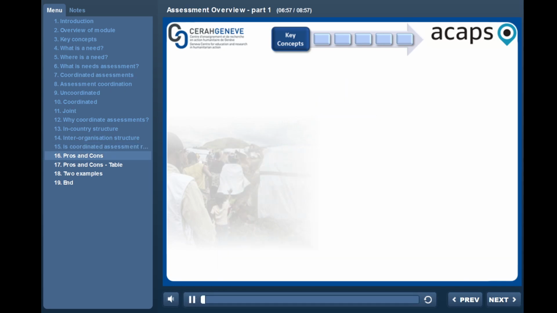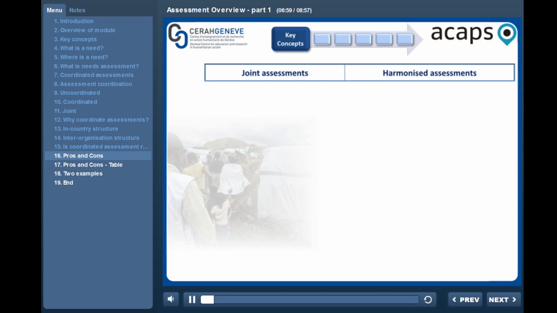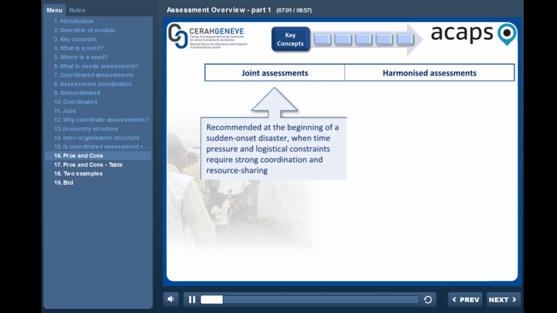So, let's have a look at the pros and cons of coordinated assessments. Joint assessments are recommended at the beginning of a sudden onset disaster, when time pressure and logistical constraints require strong coordination and resource sharing between partners in order to develop a common understanding of the situation and an agreed response plan.